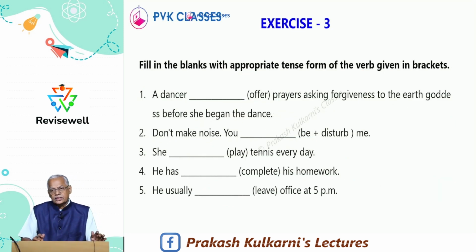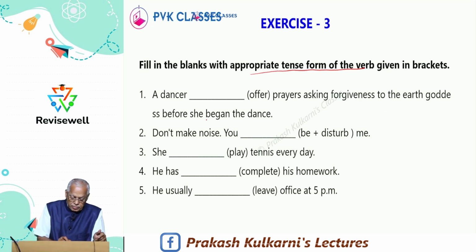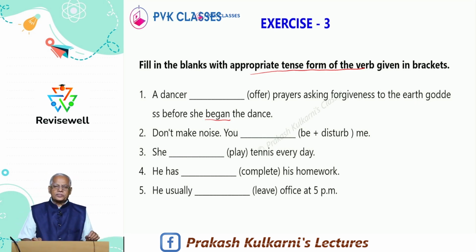Coming to exercise 3. Now appropriate tense form of the verb given in brackets. A dancer dash offer prayers asking forgiveness to the earth goddess before she began the dance. Always read the full sentence. Try to understand.